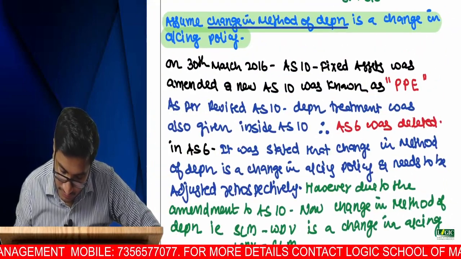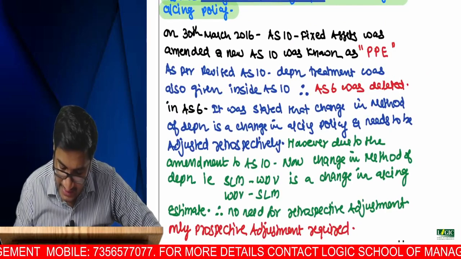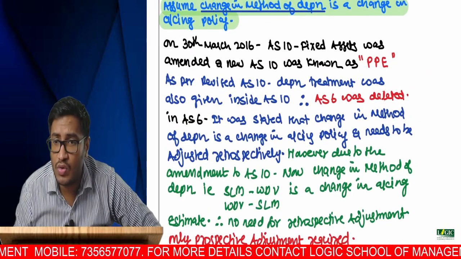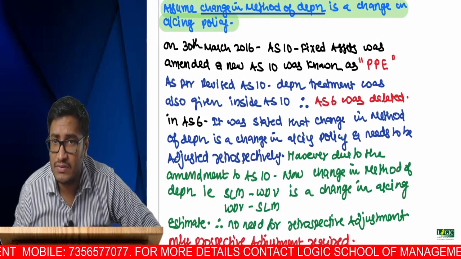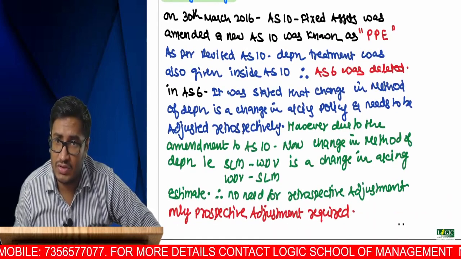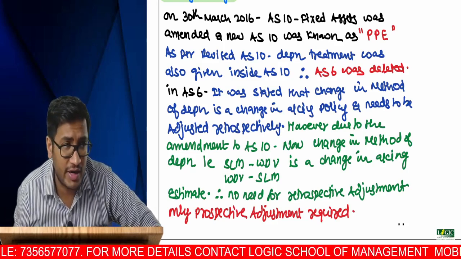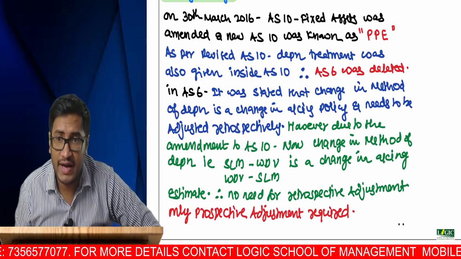So take down. If you want, you can write this. Do you guys want to write this particular write-up? On 30th of March 2016, AS 10 was amended. At least I think you have learned the same thing in your intermediate. Do you guys want to write this?